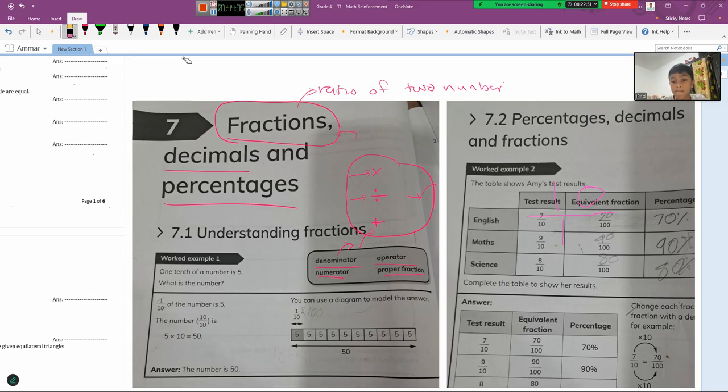This is not 1/10. This is 10, right? 1/10 means in the denominator you should write 10. This is 1/10. If the word ends in th, then it should be in the denominator. So can you write down 3/4 or 1/4? 1/4. How can you write 1/4?